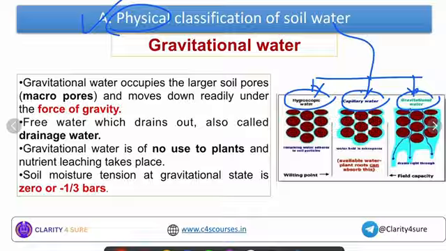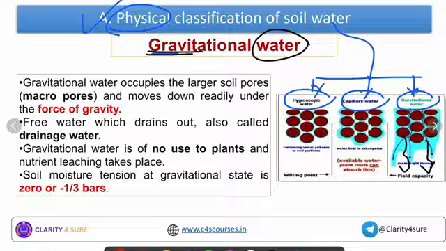Let's start with gravitational water first. The name is indicating that the force of gravity is acting on the water that is present in the soil. We know if gravity is acting on something, it is going to move down.